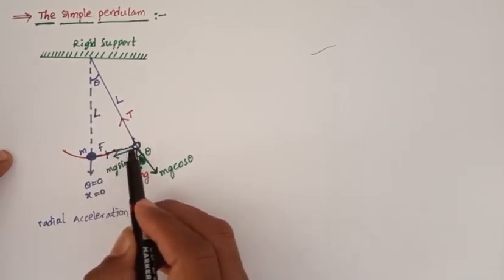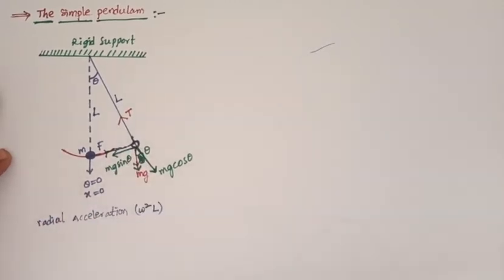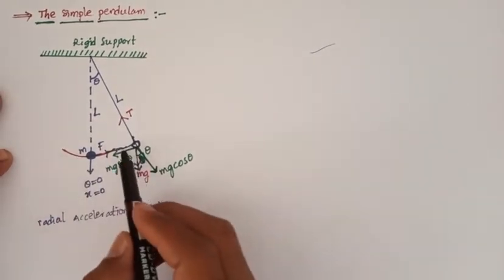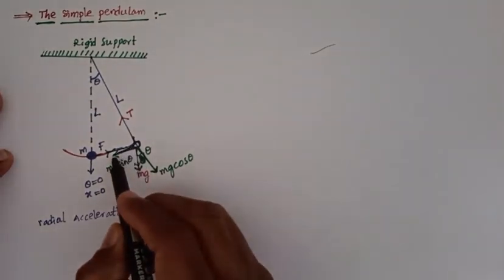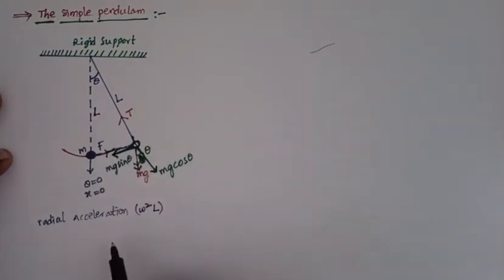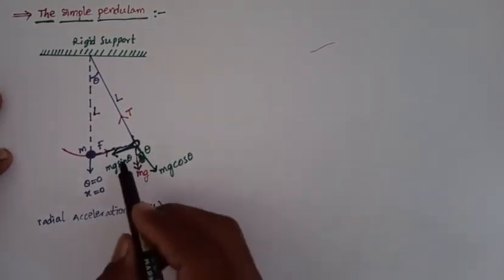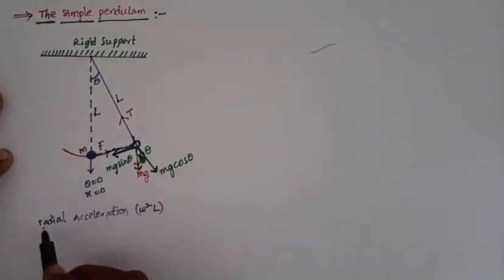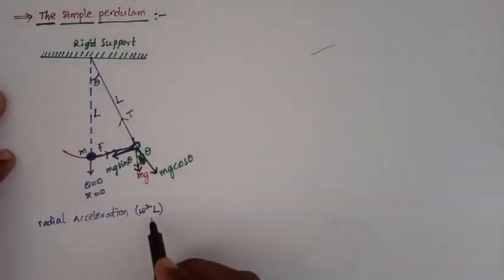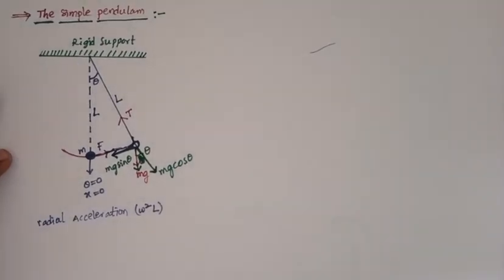This motion is circular, rotational motion, and the tangential acceleration is along this direction. Here the radial acceleration is omega square L.